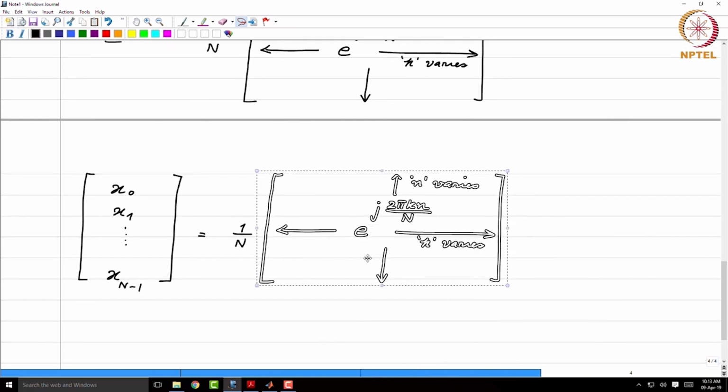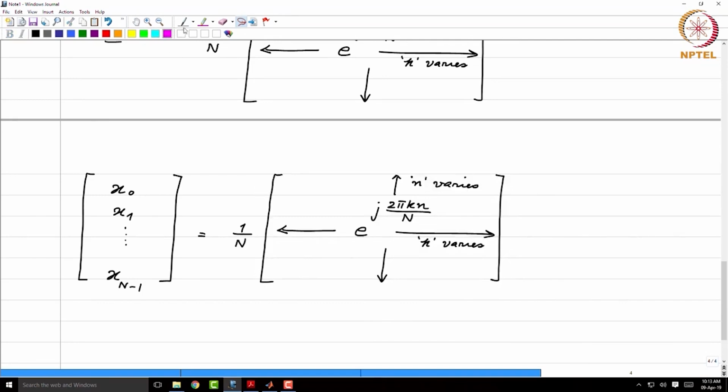So, this is the W inverse matrix, and this multiplies the transform coefficients and you recover the data vector. So, you can go from the data vector to the transform vector, and from the transform vector, you can go back to the data vector via the DFT matrix.